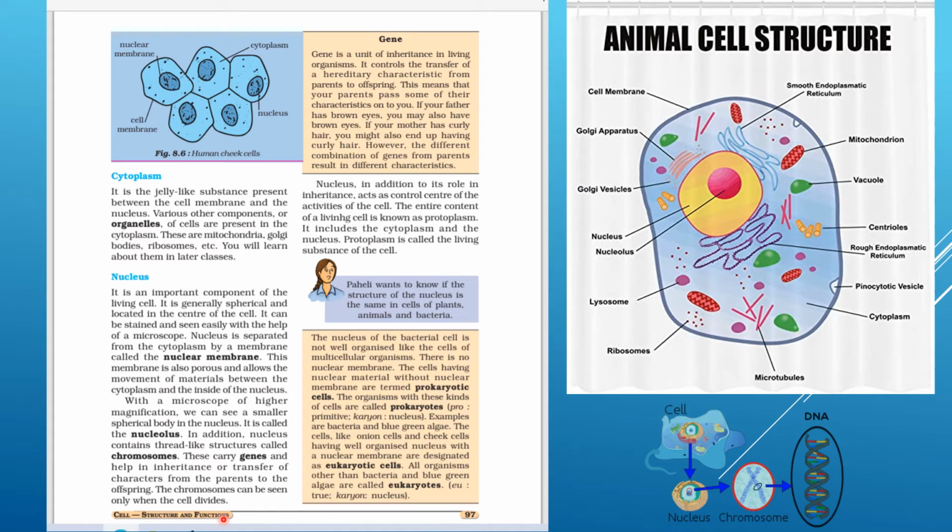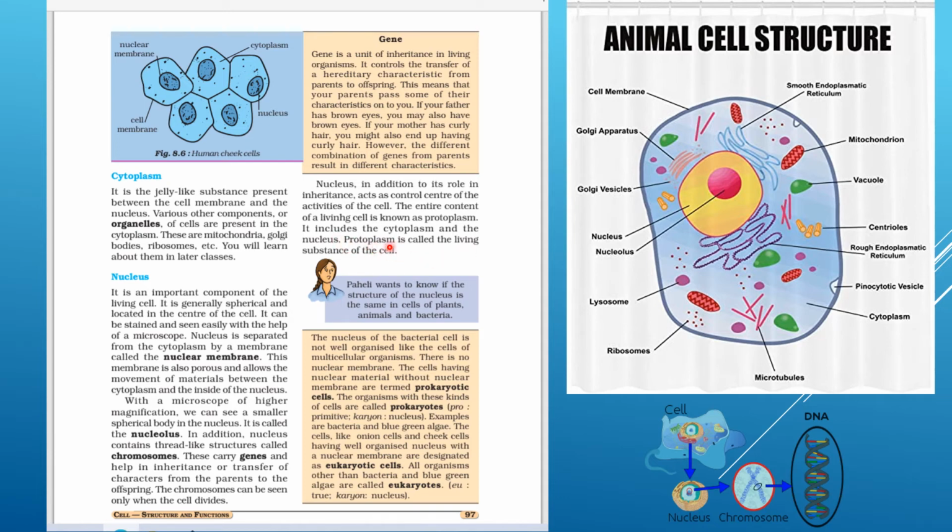In addition to its role in inheritance, the nucleus also acts as the center of all activities. The entire content of the living cell is known as protoplasm. It also includes the cytoplasm and nucleus. So protoplasm is called the living substance of a cell.